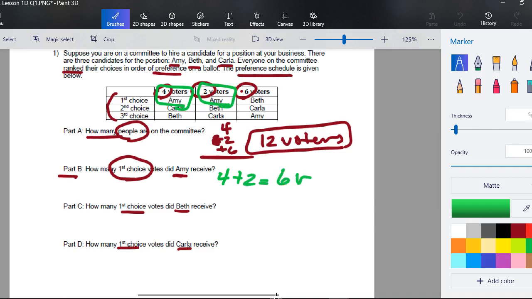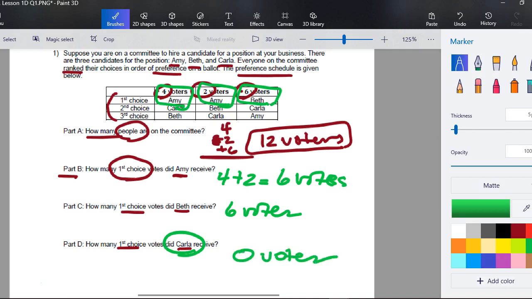So Amy got 6 first place votes. Beth got 6 first place votes, and Carla got no first place votes.